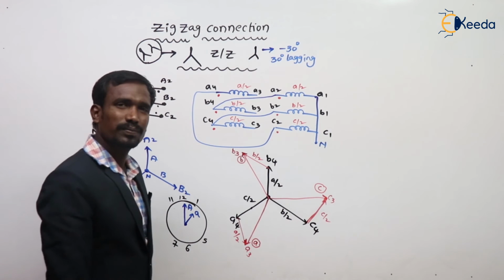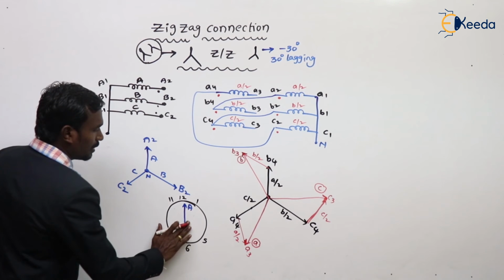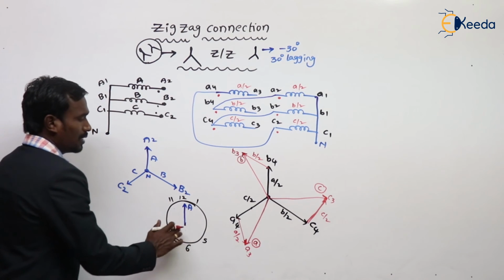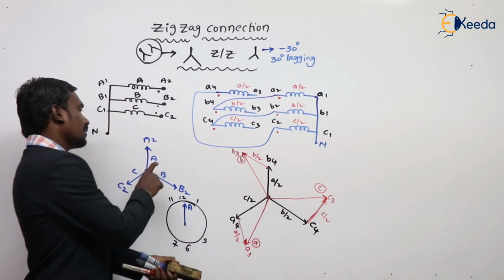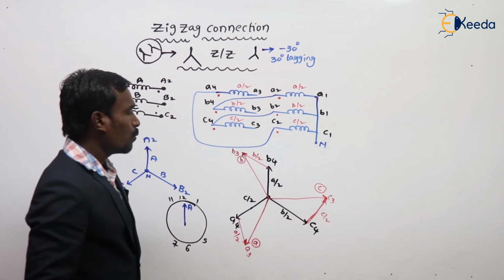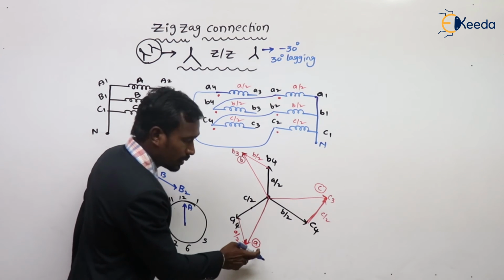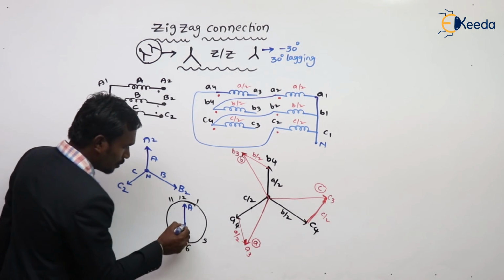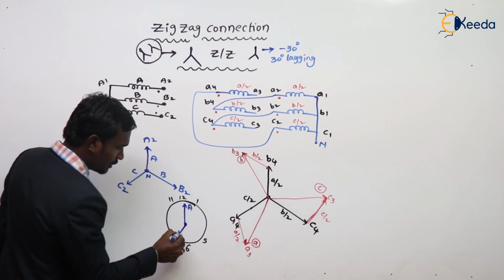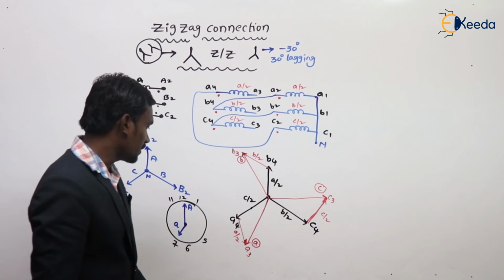Is same. So let's superimpose on a clock. As usual, here the reference vector A is at 12 o'clock. Where is my A in this? Here is my A. So like this. This is my hour hand.